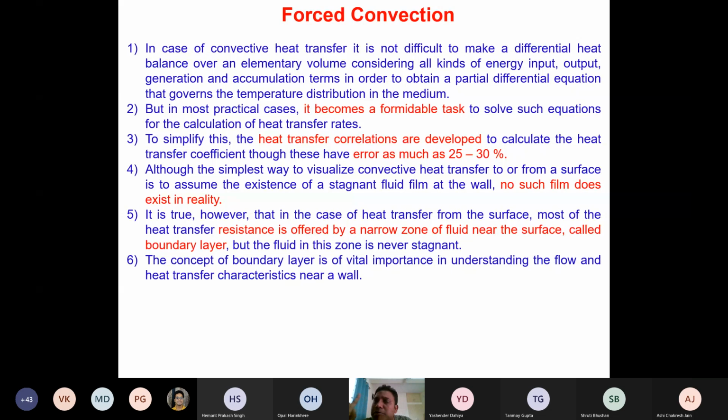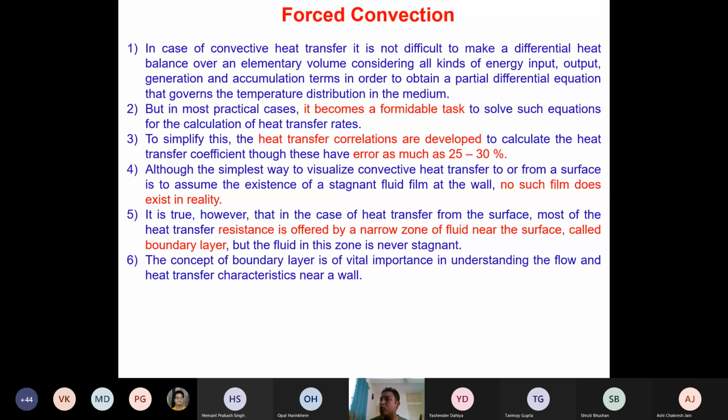Remember, here the heat transfer coefficient h is a function of velocity distribution, thermal conductivity, density, specific heat. All these parameters are incorporated directly in the heat transfer coefficient, and this coefficient is calculated using empirical correlations. So in a way we are circumventing the solving of the velocity problem.